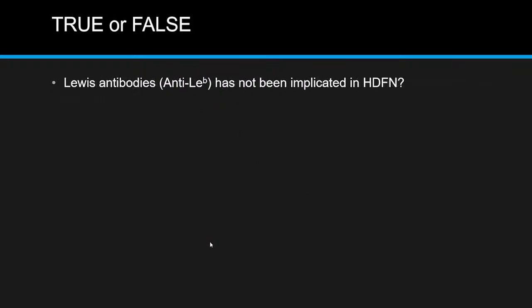Okay. Now, true or false? Lewis antibodies have not been implicated in HDFN. True or false? Tandaan ang characteristics ng anti-LEB or Lewis antibodies in general. Lewis antibodies have dapat yan.